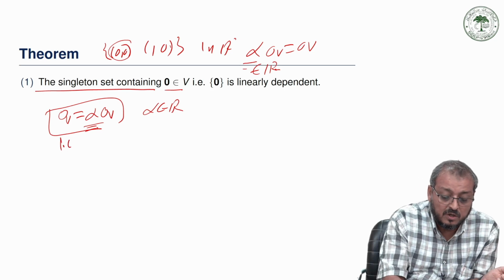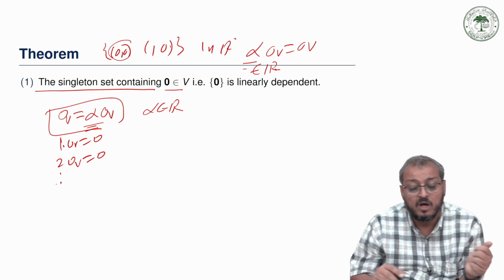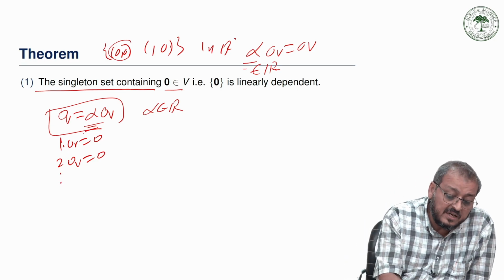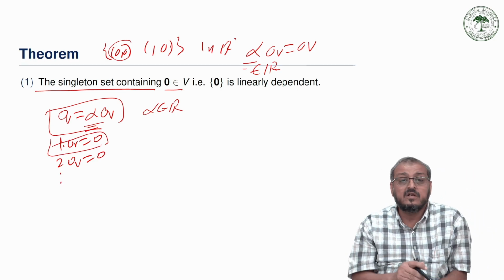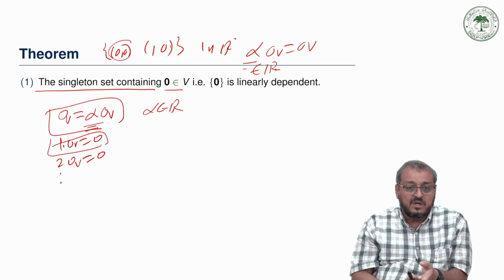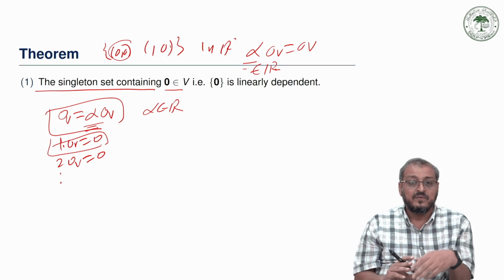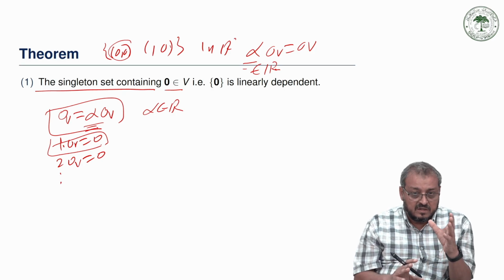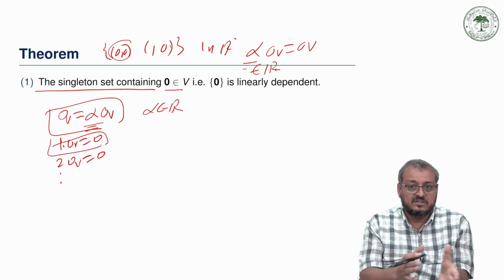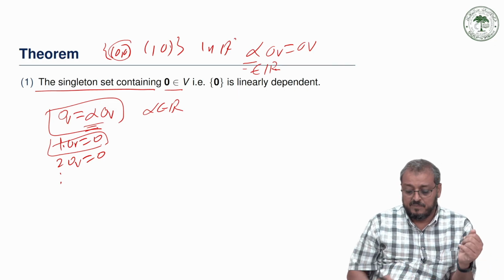This is a non-trivial linear combination, so any set containing the 0 element of the vector space V is always linearly dependent.